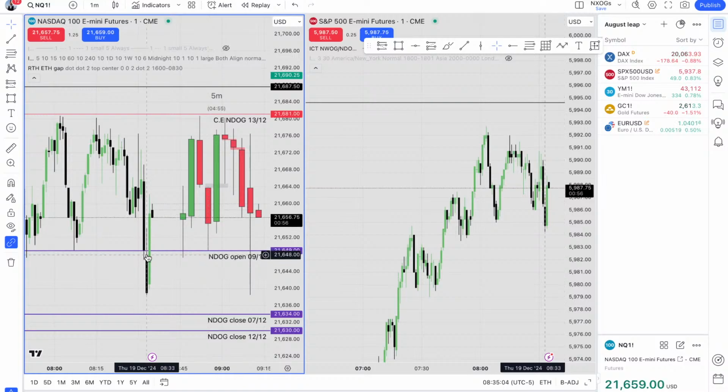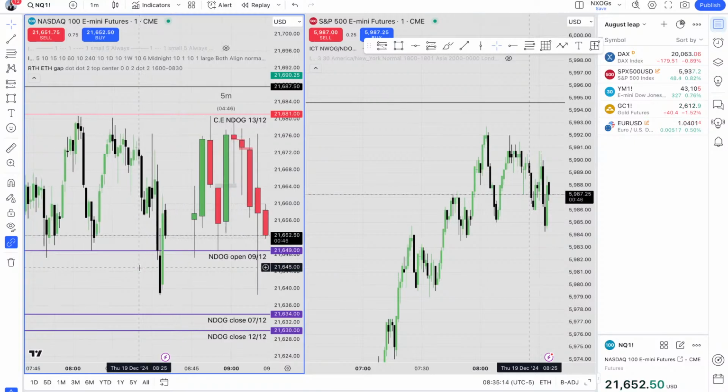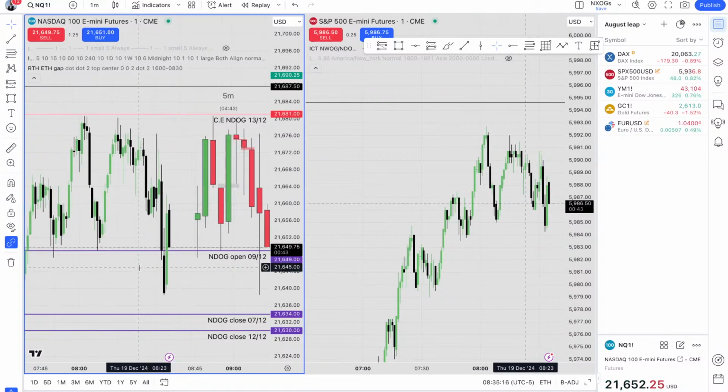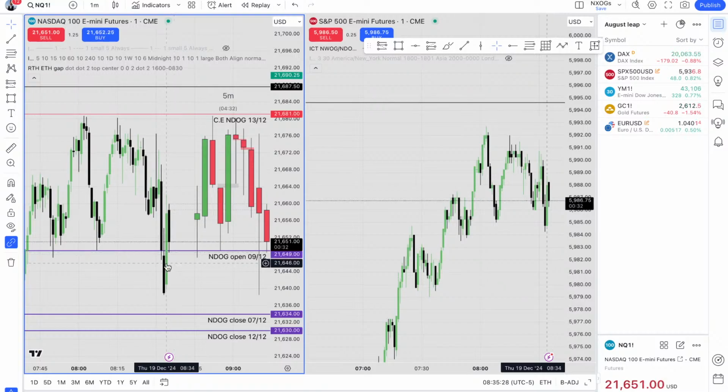Yeah, look, absolutely not. So we have an inversion, volume imbalance here. Let's see how the price is going to react on this fair value gap. Of course, I don't want to enter now. I'm not in the micro. So here is just price after news, just manipulation. Okay, it used this line and this volume imbalance.